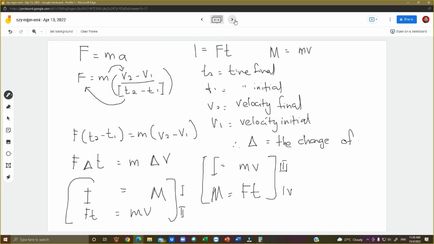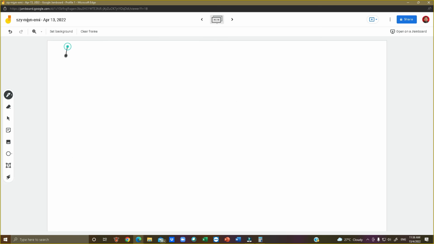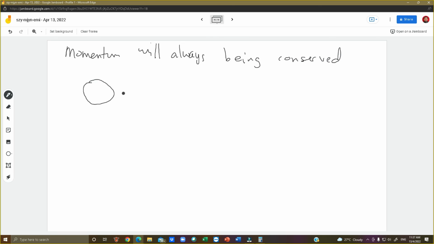And the second concept is momentum will always be conserved. Sentiasa akan disimpan dan sama. For example, we have an object tadi, bola bowling. It has momentum. And then we have the bowling pin. It also has momentum.